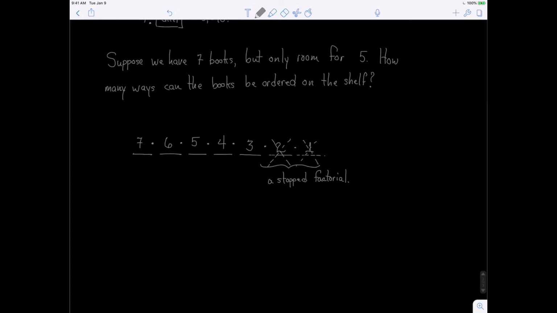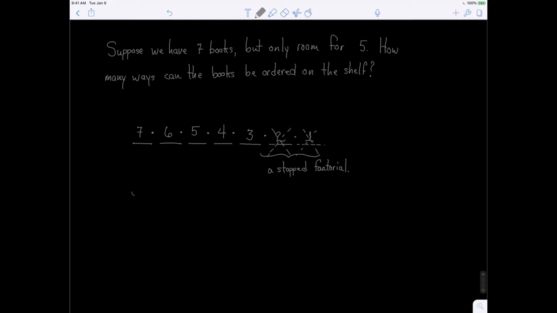And these stopped factorials actually happen quite a bit. The stopped factorial we call a permutation, and we write it as, for this exact one, 7P5. I'll show you how that works.